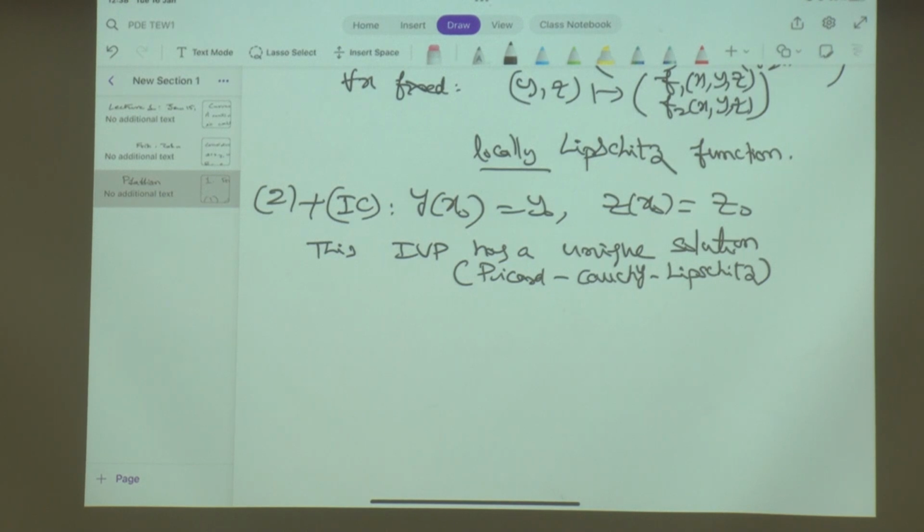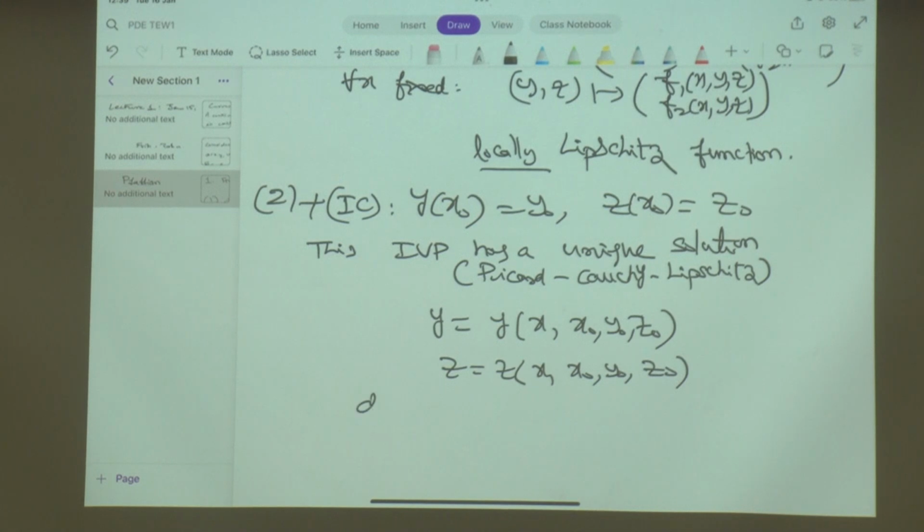So how do we write the unique solution? This is how one writes. It might look confusing, but let's see. Solution means a function of x, right? Defined where, for what x? Here the independent variable is x in the ODE, right? Defined for x in an interval that contains the point at which you prescribe the initial condition, which is x0.